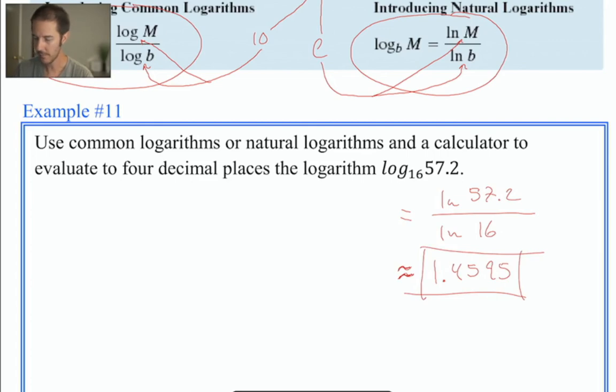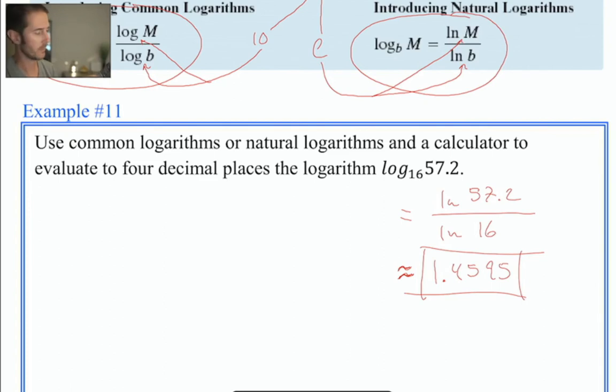Let me see if I can get the same thing on my scientific calculator, because doing everything on the scientific calculator is a pain in the neck. How do I type this into a TI-30XA, which I know at my school is the go-to calculator? If you're using the TI-30XA, you might want to write down these keystrokes.